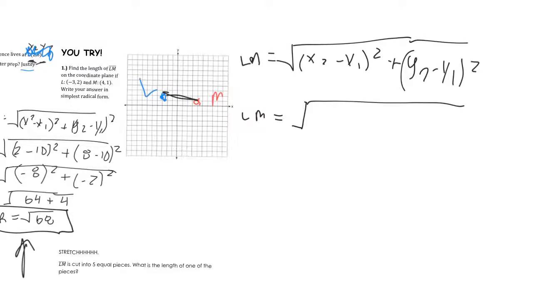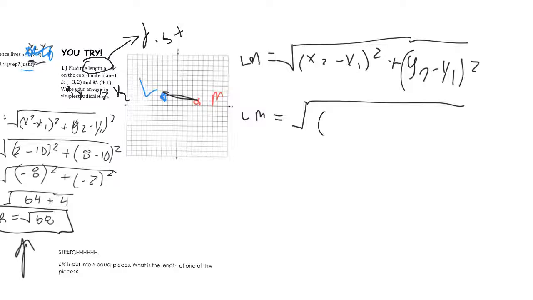So I drew out the line and I wrote the distance formula. I know it's distance formula because it says what's the length of LM. Length is distance. And I use the distance formula because it's on the coordinate grid. So I have points x2, x1, y2, y1. If I look quickly, x1, y1 is (-3, 2), and x2, y2 is (4, 1).